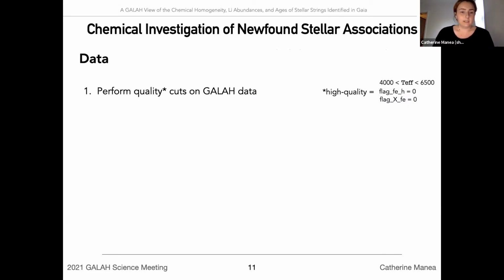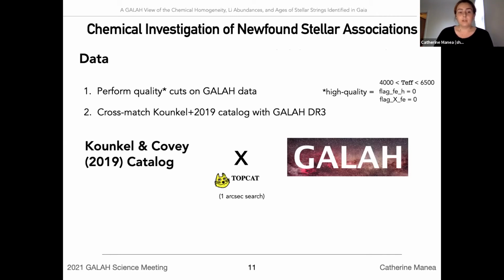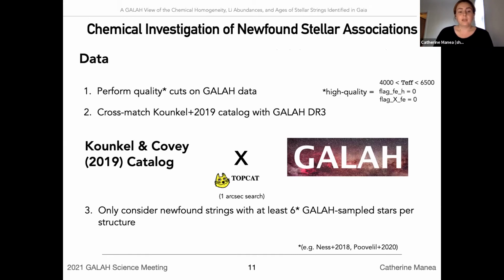So to investigate these strings, we perform quality cuts on the GALAH data, and we cross-match it with the Kunkel and Covey 2019 catalog. And in this study, we only consider newfound strings with at least 6 GALAH sampled stars per structure. Now, this might seem like a small number, and it definitely is.